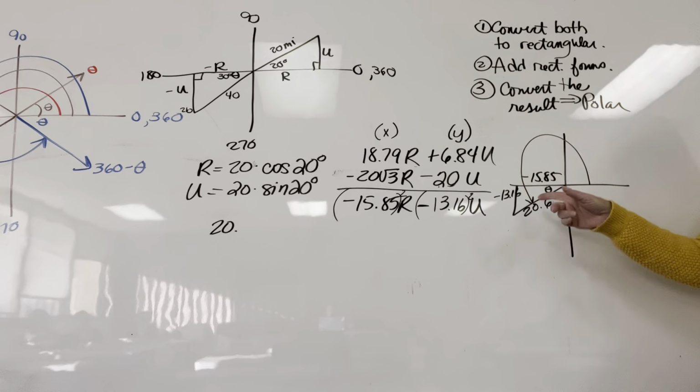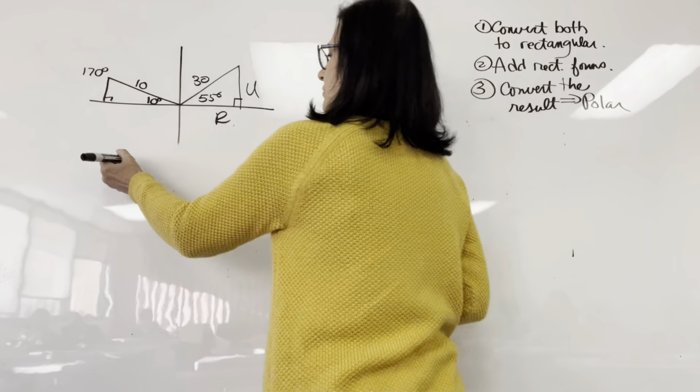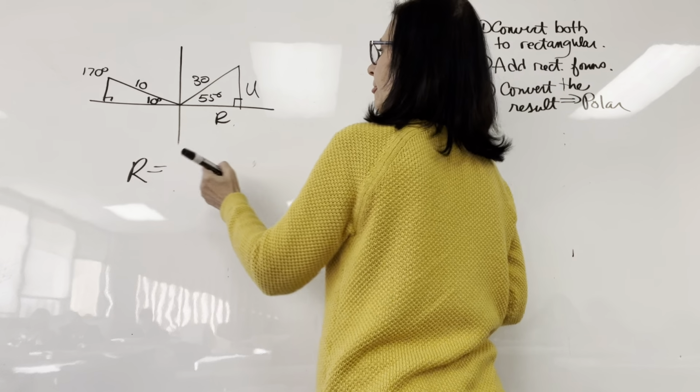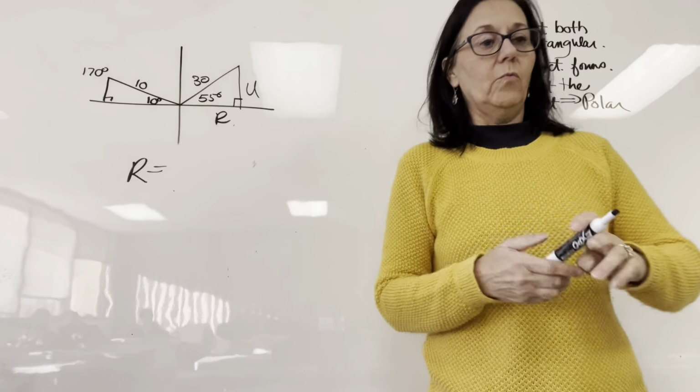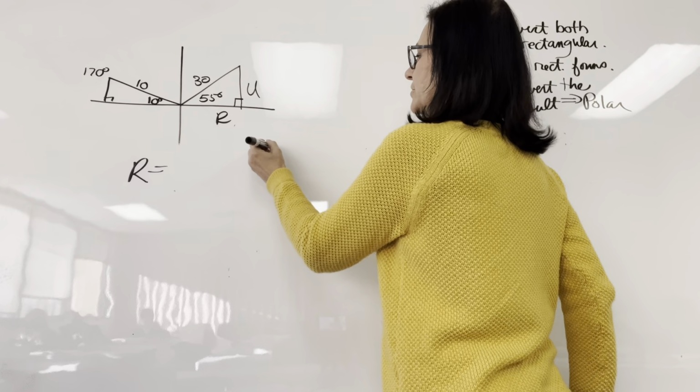All right, I have to go to rectangular form. Mackenzie, help me with this first one. How do I find the R value? R equals cosine, and you have to multiply it by something. What are we multiplying it by? By 30, the length. Why are we doing that?